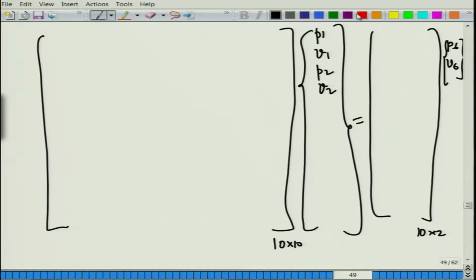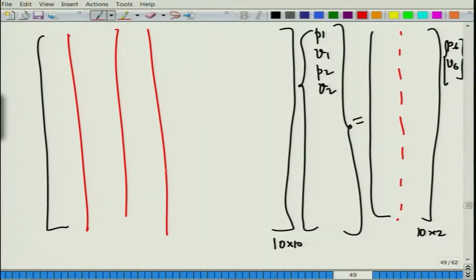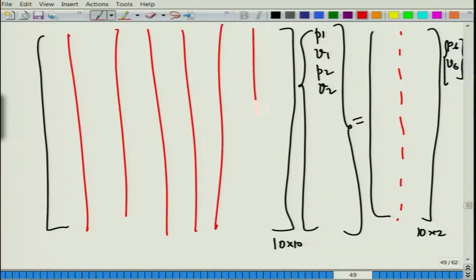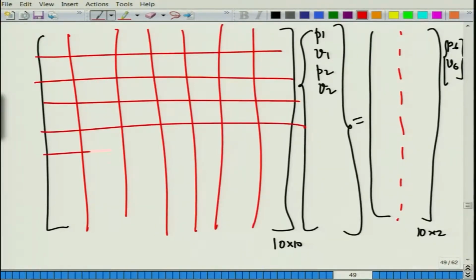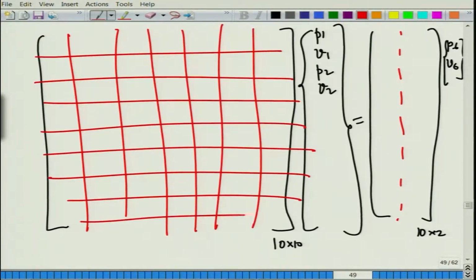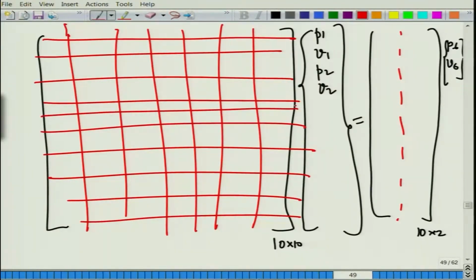Okay. And let me just start making things like rows and columns 3, 4, 5 like this, 1, 2, 3, 4, 5, 6, 7, 8, and then we can probably add one more 9 and possibly one more here 10.